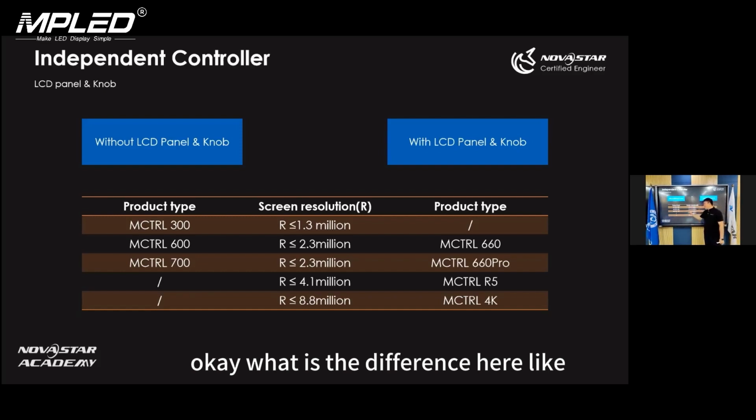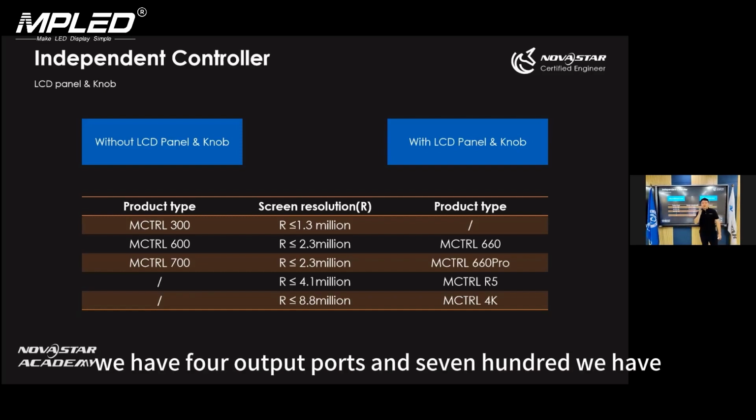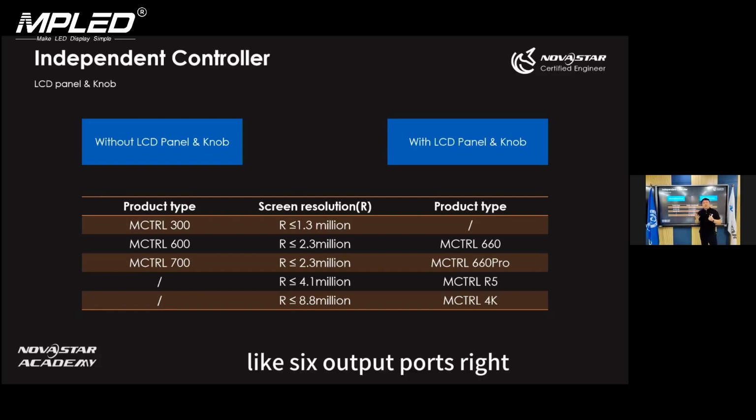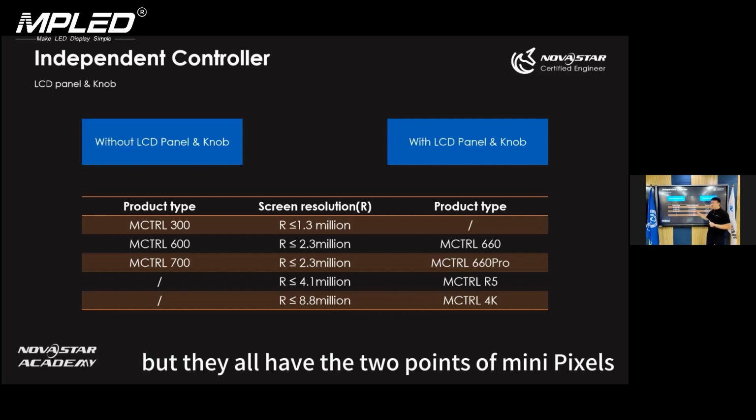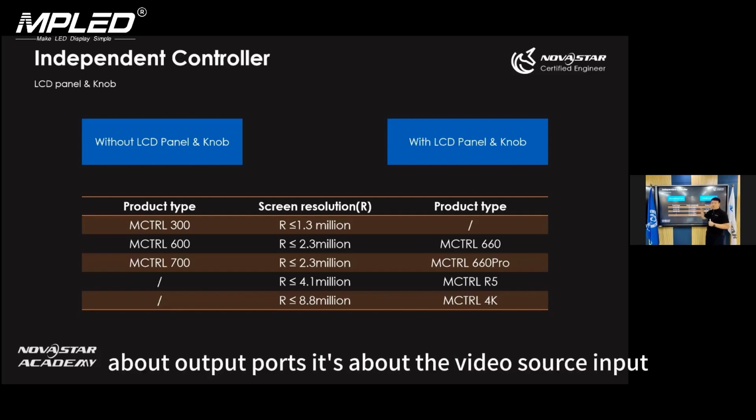What is the difference here? The 600 has 4 output ports, and the 700 has 6 output ports, right? But they all have 2.3 megapixels. As I just mentioned, it's not really about output ports, it's about the video source input.